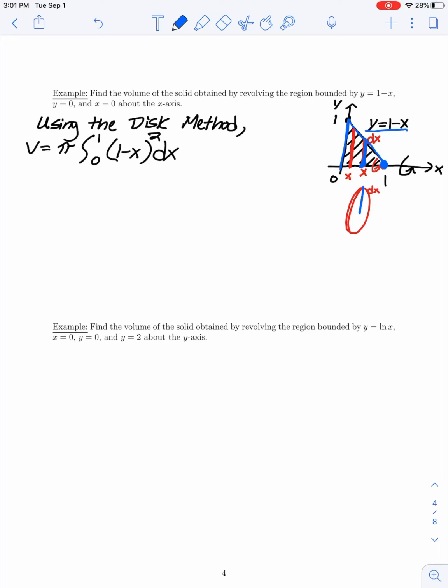So to evaluate this, there's a couple of approaches we could use. We could expand 1 minus x squared and then integrate term by term. Alternatively, we could make use of a u substitution. Either approach works here. My own preference, I might expand this first.